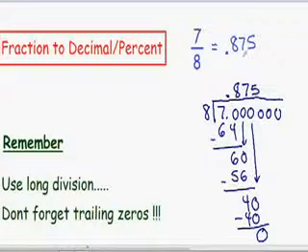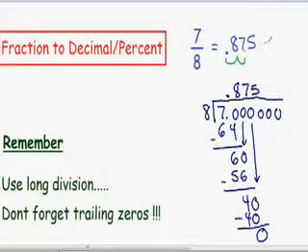And the nice thing about a decimal is how easy it is to go into a percent. To go from a decimal into a percent, the only thing that you need to do is just move the point over 2 units. So if we move this point over 2 units, 1, 2, it would go in between the 7 and the 5.